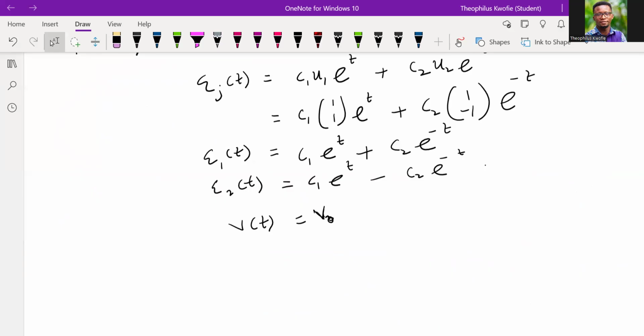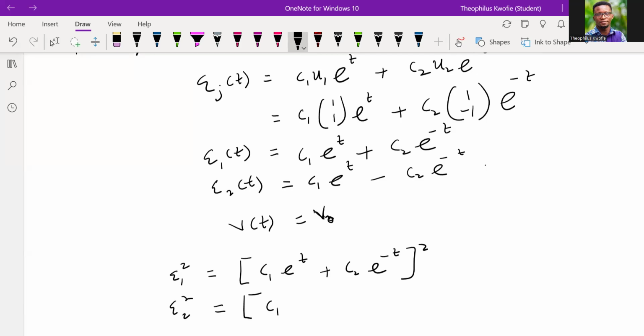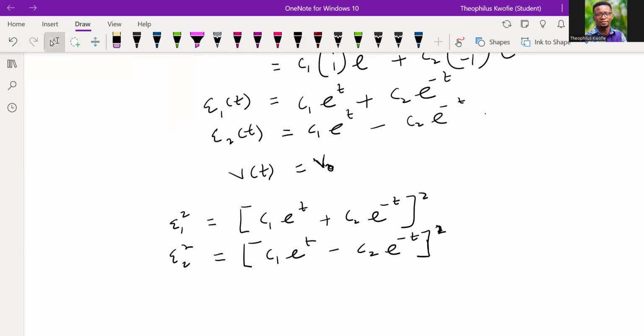Now I want us to notice something here. If you pick xi1 and then square it, and then we pick xi2 and also square xi2, then at the end of the day, let's try and find the difference, okay?